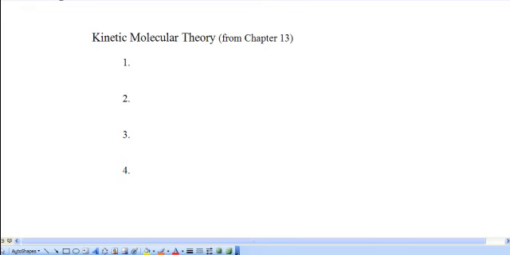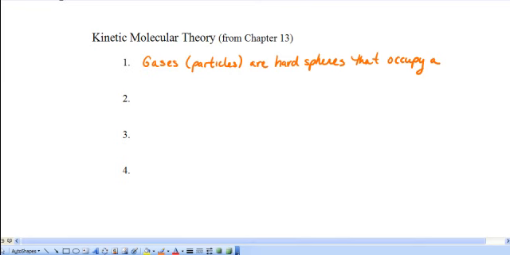So, for example, the first tenet of the kinetic molecular theory will simply say that gases or gas particles are hard spheres that occupy a negligible volume.